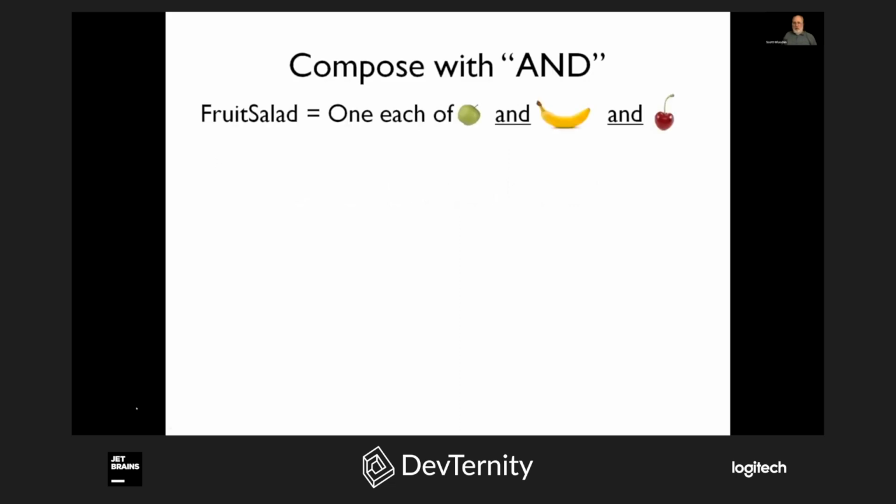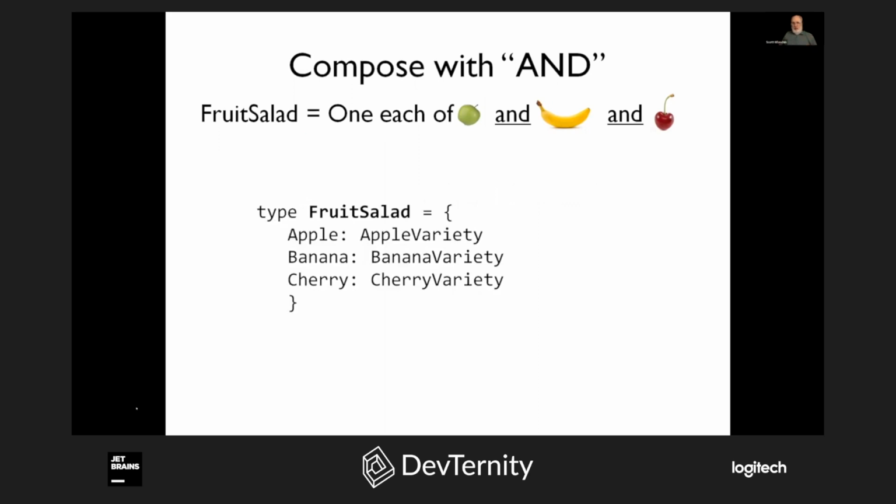So let's say I want to model a fruit salad. And I say, well, a fruit salad is an apple and a banana and a cherry, right? So I'm using the word and, okay? And in F# I would write it like this. And notice this kind of looks like JSON, right? It's basically a record. And there's 3 fields. There's an apple field and a banana field and a cherry field.